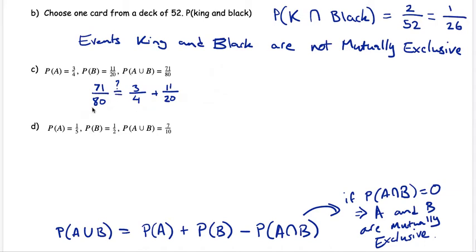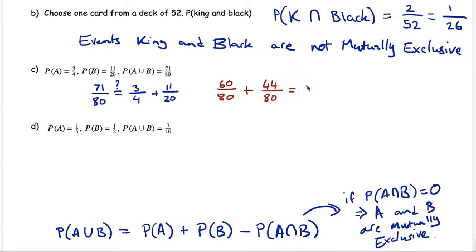Okay, so let's take a look. We're going to need common denominators. We're going to keep the 80 and just go with that. To get 80 from the 3/4, we multiply by 20 above and below, so that gives us 60/80. And for this one here, to get 80, we multiply by 4 above and below, so that gives us 44/80.